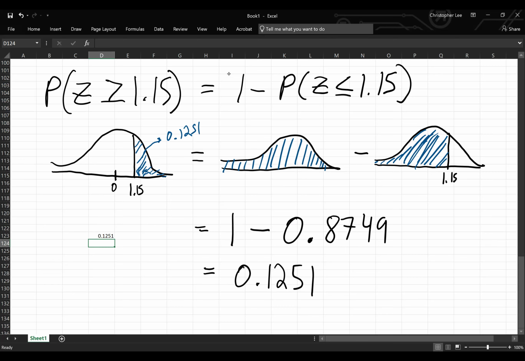And I'm guessing that in the homework, you're just gonna have the pictures and ask us what it is, or ask us to match it. Just a question like so probability of Z greater than 1.15, and you just give me 0.1251. That's it.